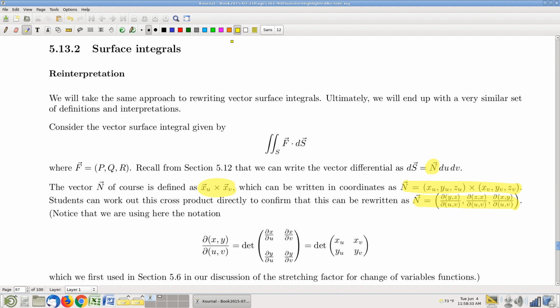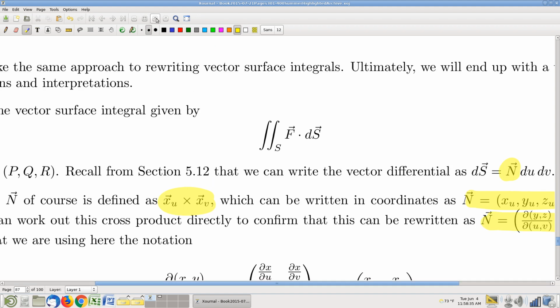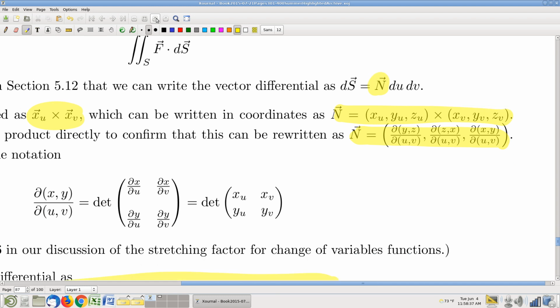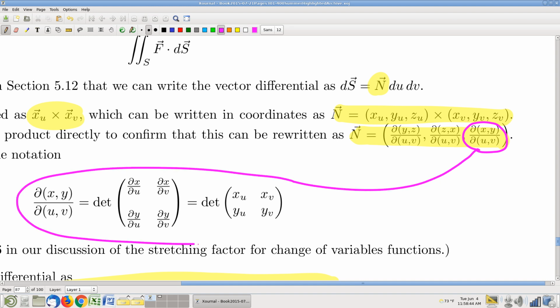So here's just a reminder of what these mean. For example, this one, partial (x,y) over partial (u,v), that little 2x2 determinant. All right, now that's what N is. Now don't forget what we're going to do with N. We're going to take N and multiply N times du dv. So what's going to happen when I take this formula for N and multiply by du dv?